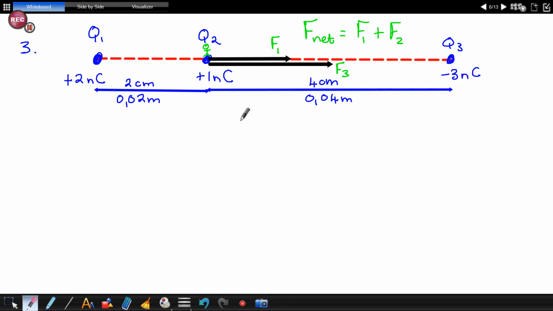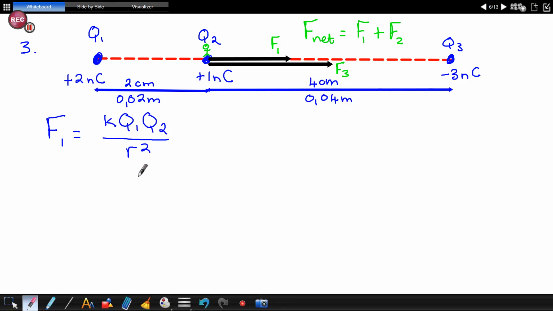How am I going to get the forces? We use Coulomb's law. So the force of 1 is K Q1 Q2 over the distance between them squared.